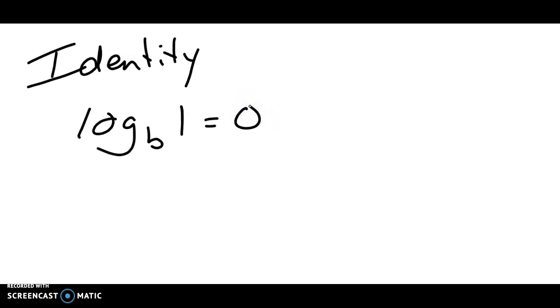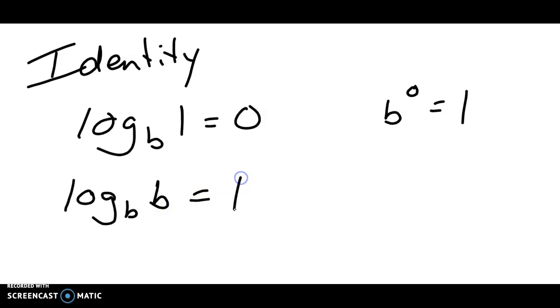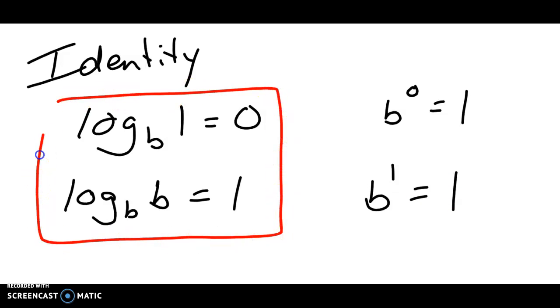And if you remember, base to the 0 power is equal to 1. So you can see how those things match up. And then for the other one, log base b of b is going to be equal to 1. So again, you can see b to the first is going to be equal to b. And those are going to be your two identity properties.